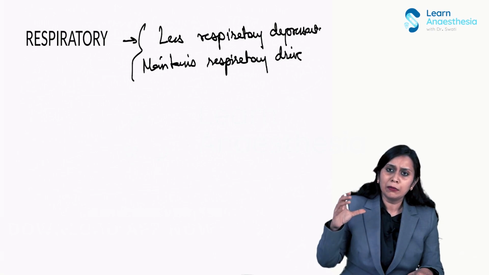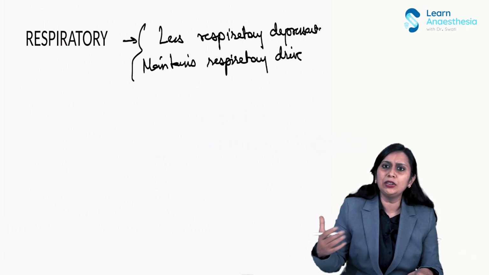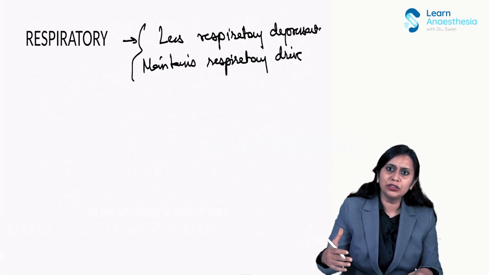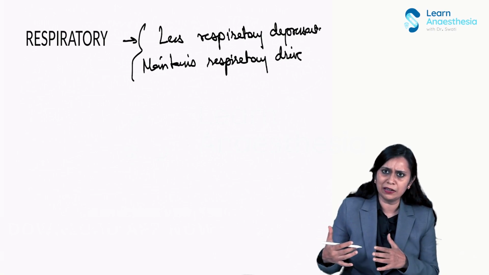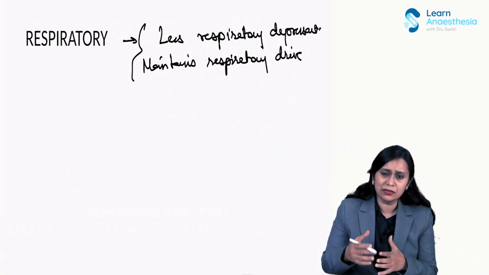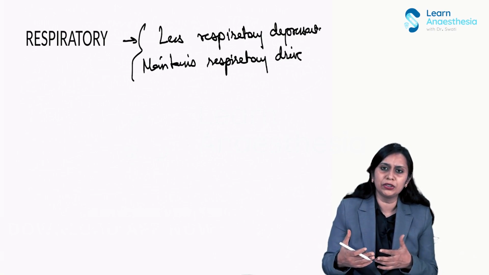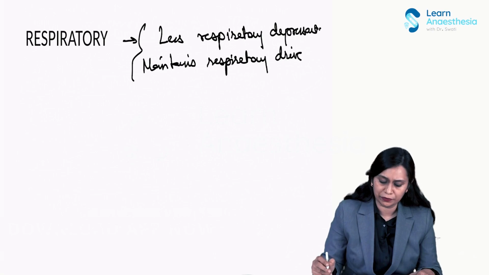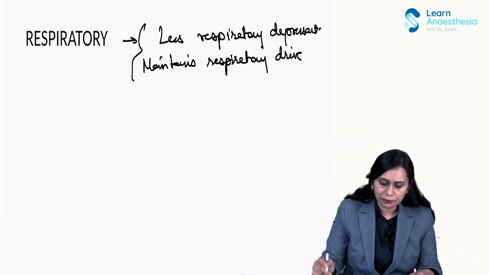The patient's airway requires to be secured because the patient is unconscious, and an unconscious patient can aspirate. So, though it has a little less effect on respiration, it doesn't mean it has no effect. In higher doses, it will cause respiratory depression and blunting of hypoxic hypercapnic drive, right? But in initial small doses, it does not affect respiration much.